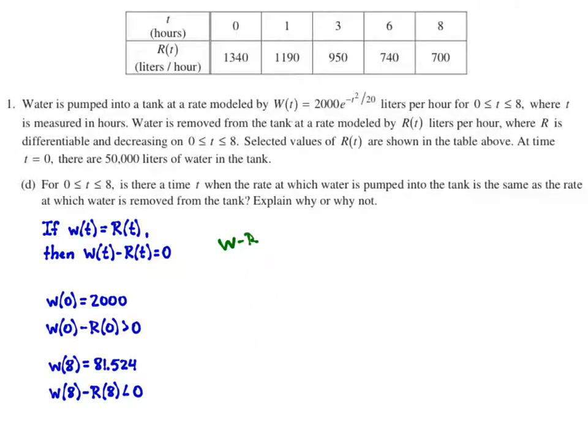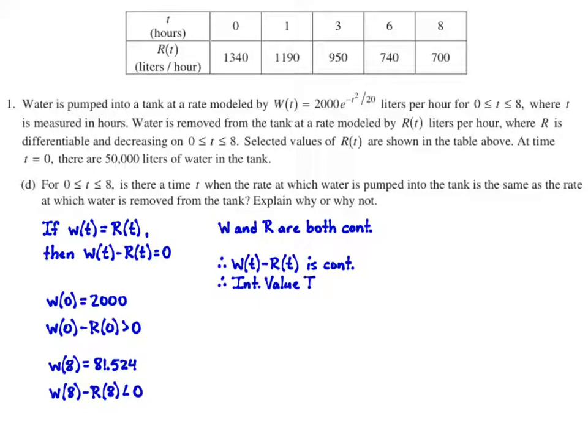And so let's go ahead and write the justification for all of that here. We would say, since w and r are both continuous functions, we can say that w minus r is also continuous, which implies that the intermediate value theorem will apply, because the intermediate value theorem requires a continuous function.